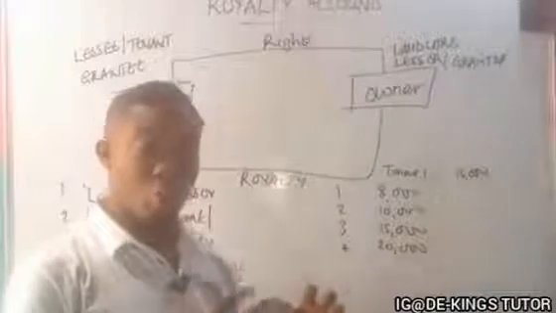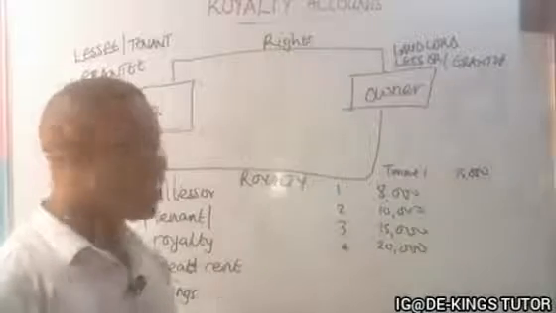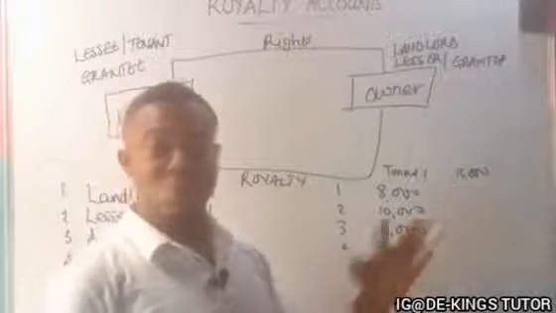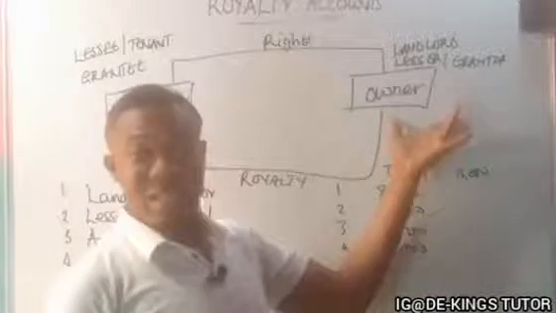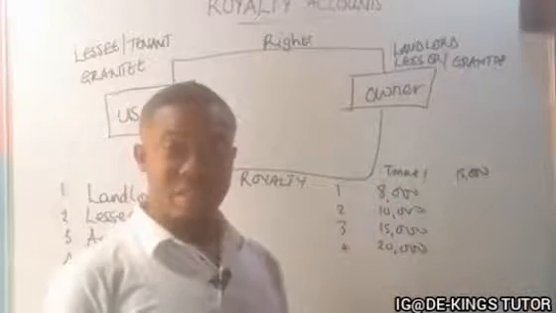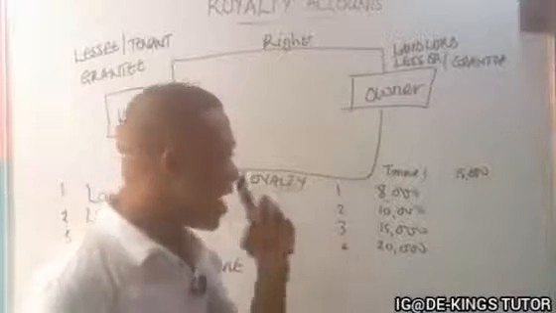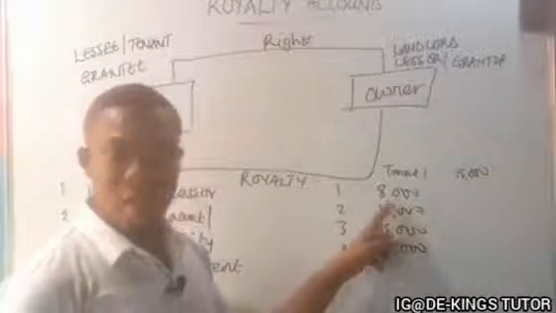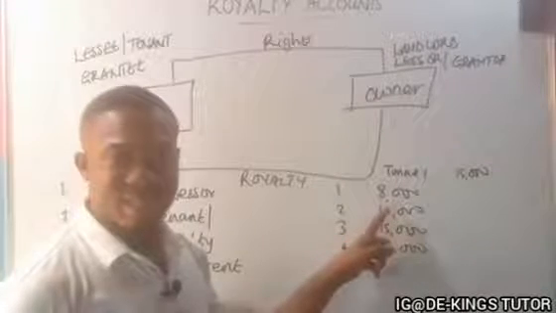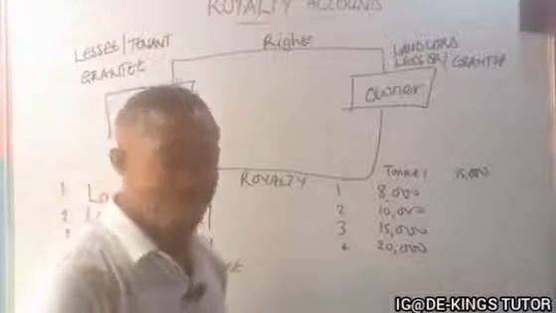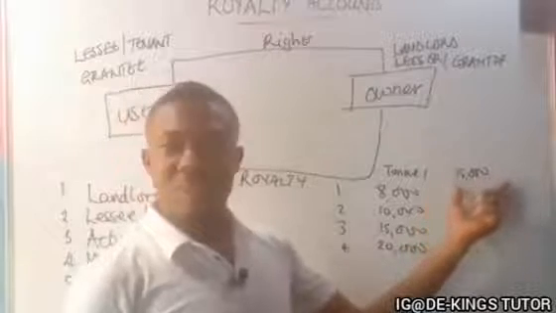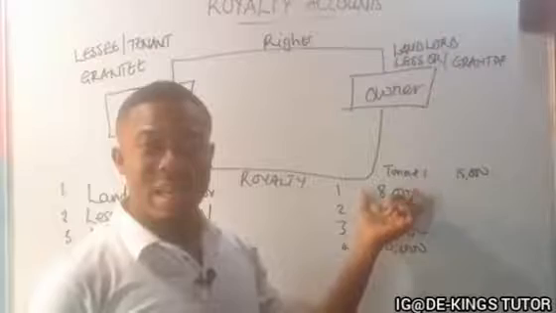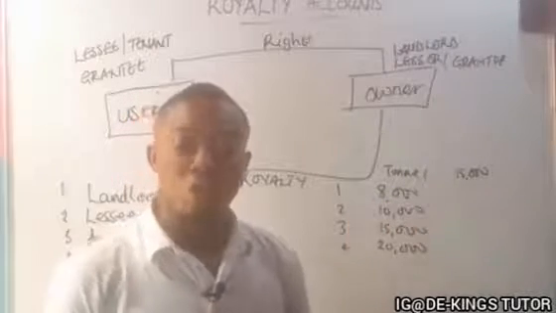Now, what does this mean? Remember we said the 15,000 that is agreed by the landlord to be received. If in any year the user makes less than this, it means that the minimum rent is more than what he has made for that particular year. The difference is what we call short workings.